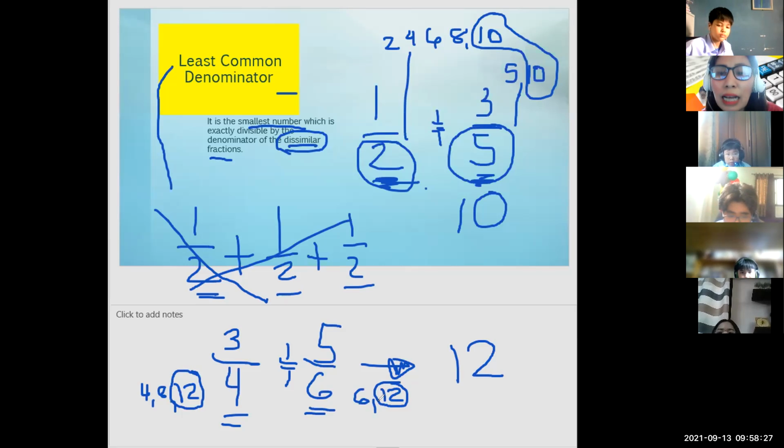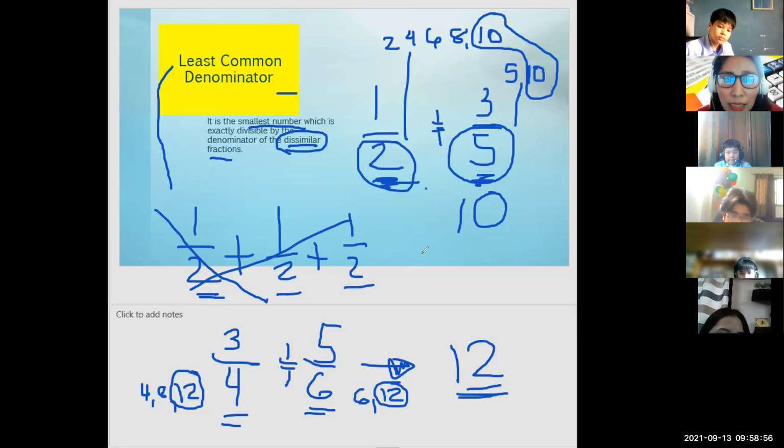The least, the lowest possible number na mag-meet yung dalawang given number ay yung LCD. We need to get that because we cannot add fractions that have different denominators, simply by getting their LCD.